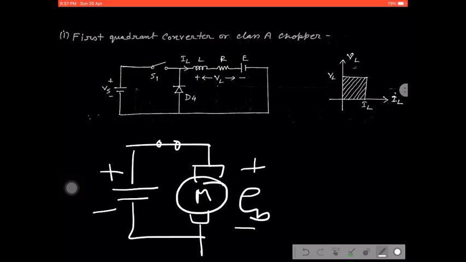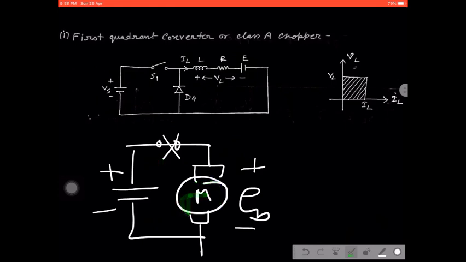That means when the switch is closed, the current easily starts flowing to the load or machine, and the machine starts moving in this direction. When the switch is open, what happens? The switch is working as an open circuit. That means the current is not entering the motor, but the motor is still moving at rated RPM.